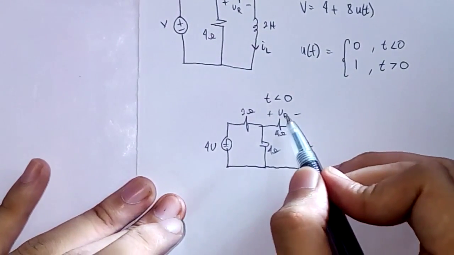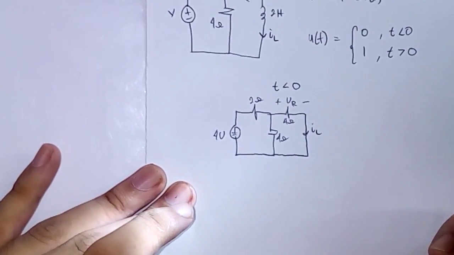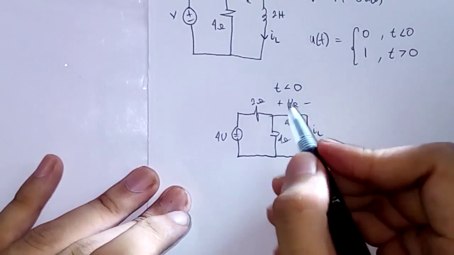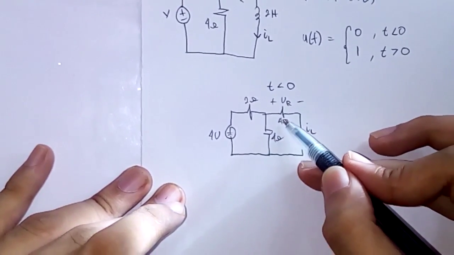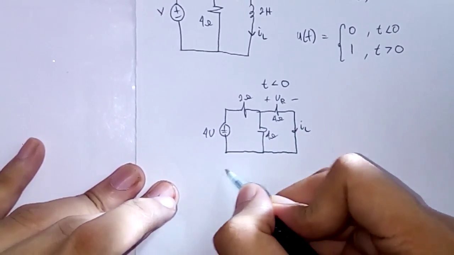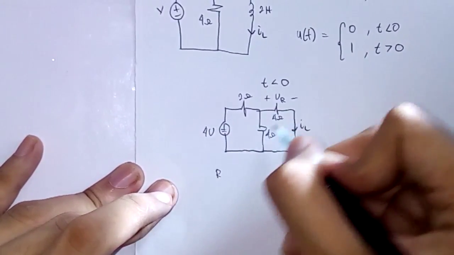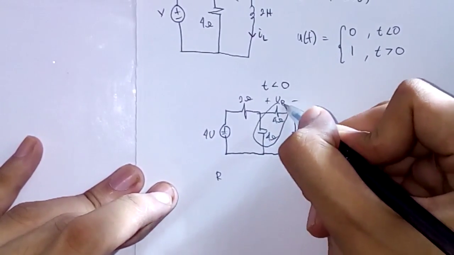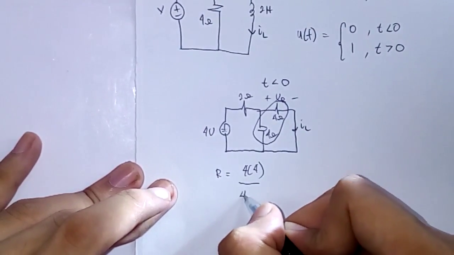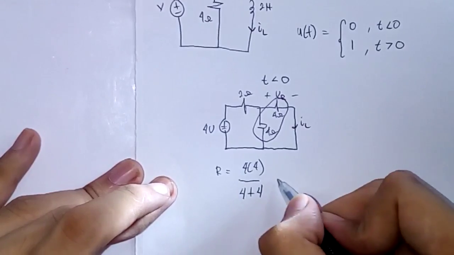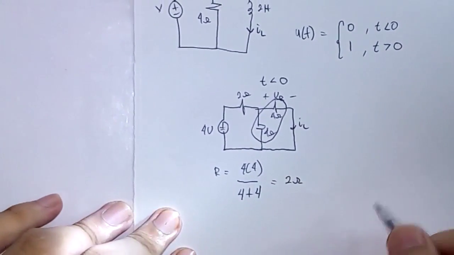So in order to find VR and IL, first we use the voltage division theorem for VR. But first we need to combine these parallel resistors, which are 4 ohms and 4 ohms. Our new R here should be equal to 4 times 4 over 4 plus 4, which is approximately equal to 2 ohms.